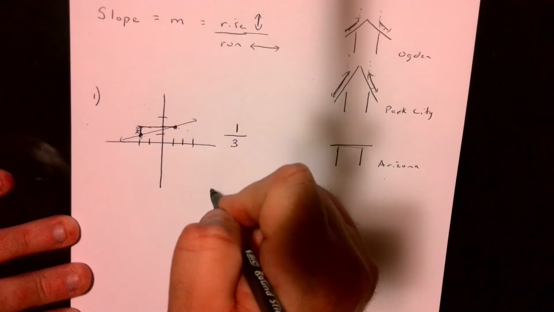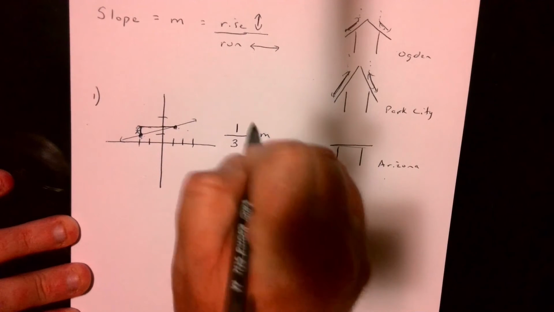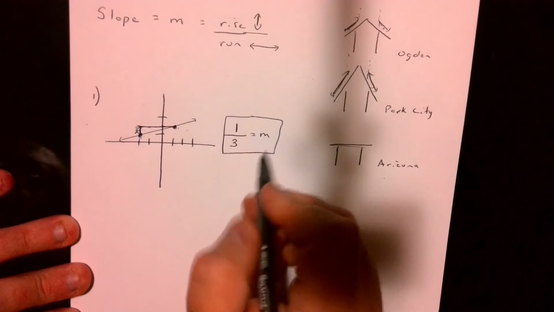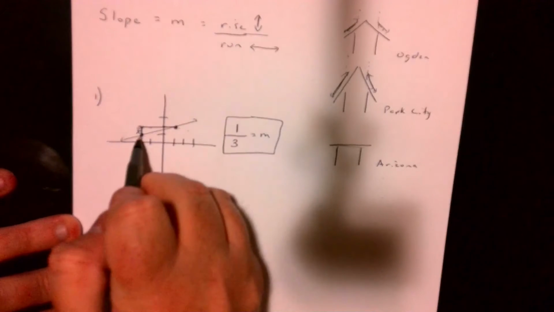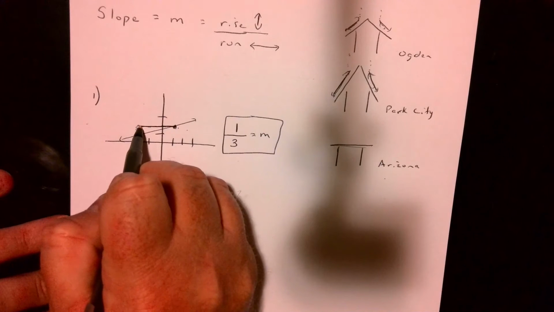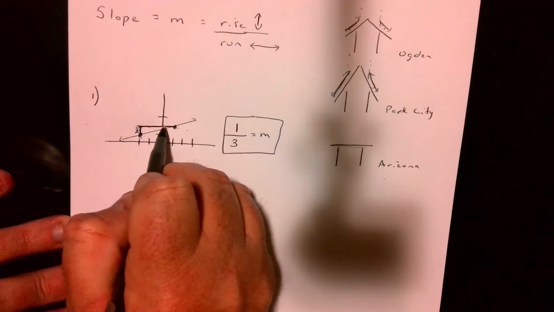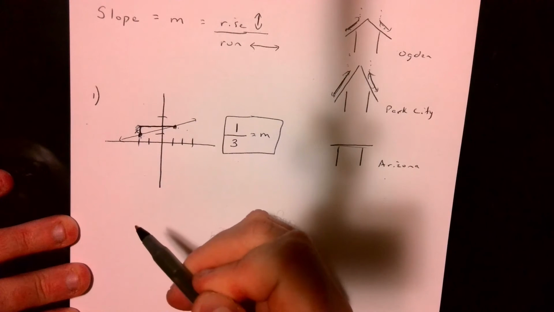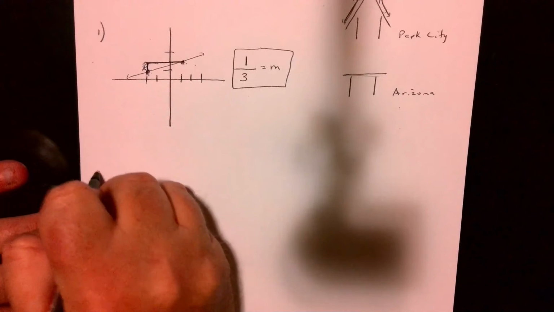So he has a positive 3. And that is simply your slope. He goes up 1, right 3. Rises up 1, and goes over 1, 2, 3 times to the right. That's all we're looking at. Let's look at another one.